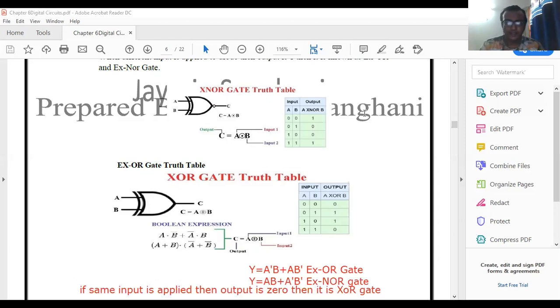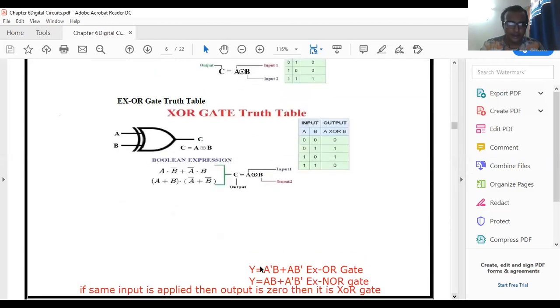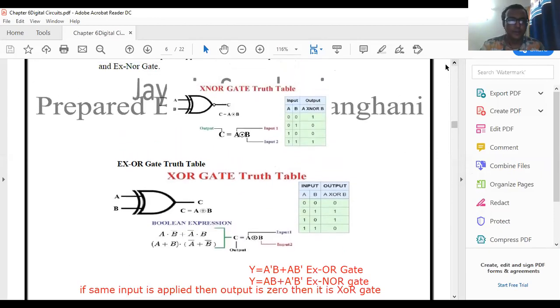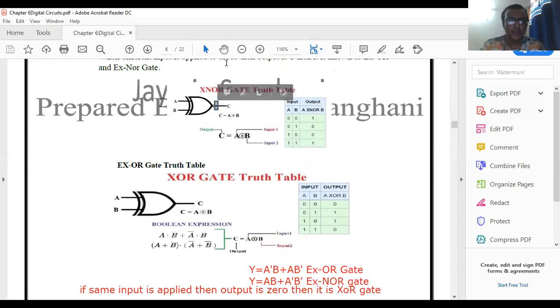And what is the XNOR gate? If the same input is applied, then output is 1; that is known as XNOR gate. See this, here XOR gate and here XNOR. Simply sketch the bubble. The bubble indicates the difference between XOR and XNOR gate. In XOR gate, the bubble is not included, but in XNOR gate, the bubble is included.